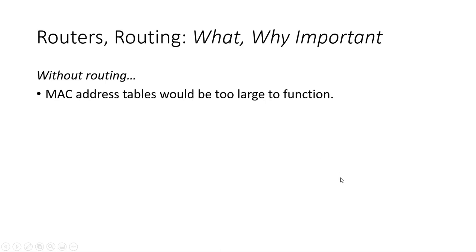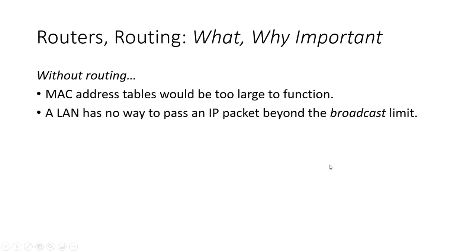Well, they've actually tried this, and it doesn't end well. When you have 4 billion devices and they each possess a 42-bit MAC address, it's too large and too unwieldy and it doesn't work right.